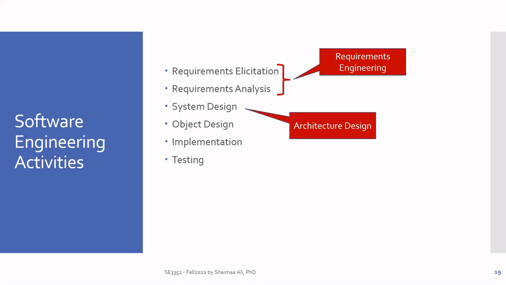So we can't say requirements engineering ends here and then we start a new process and forget about requirements. Every step feeds into the other steps. And because architecture design is the closest step to requirements, it's the one that particularly affects requirements engineering most. So we're going to touch upon architecture design a little bit after the reading week.